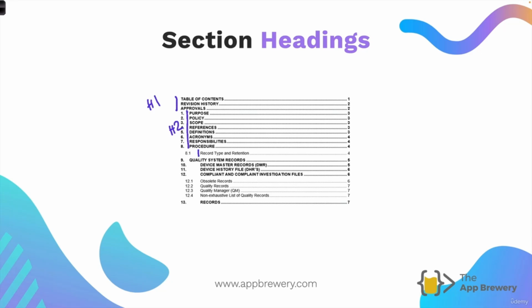And you can see inside section 8 here, there's even another subsection, 8.1, which goes into more detail about some aspect of 8. This, in our case, might be an H3 heading. These levels are what we get to define using our HTML headings.